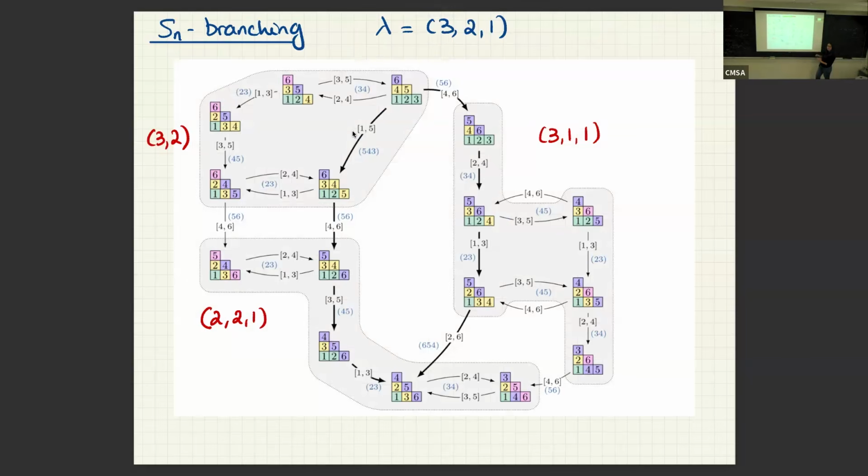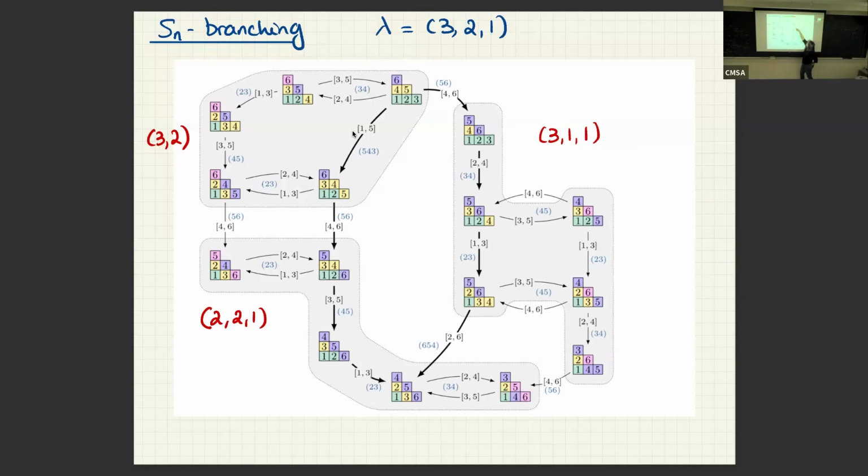Now, if I decide to delete all the edges that contain 6, it breaks my graph into a set of smaller graphs, and these graphs will all be crystal skeletons themselves of a smaller shape, namely the shape where we take off one of the corners of the partition.